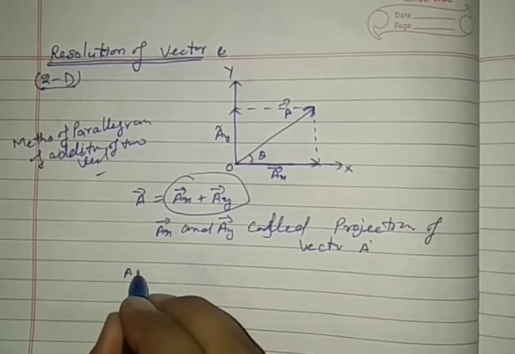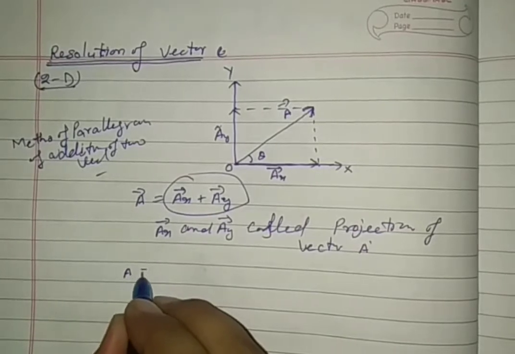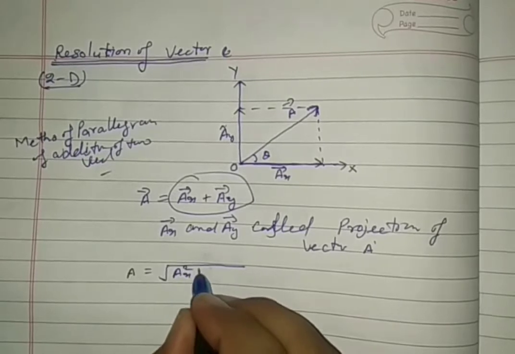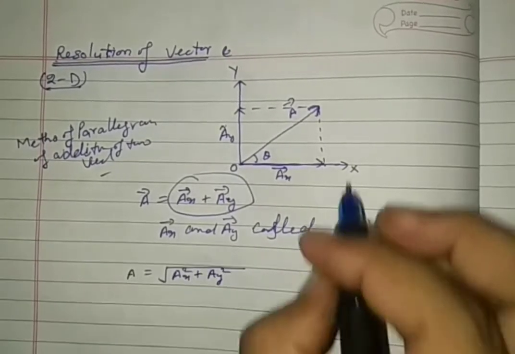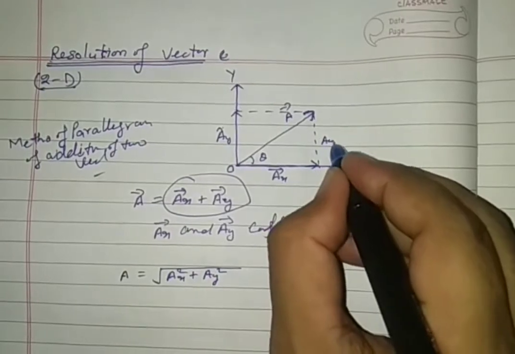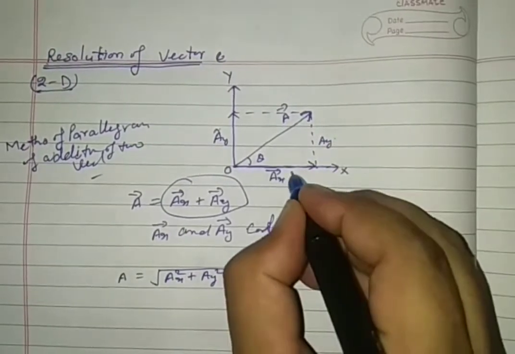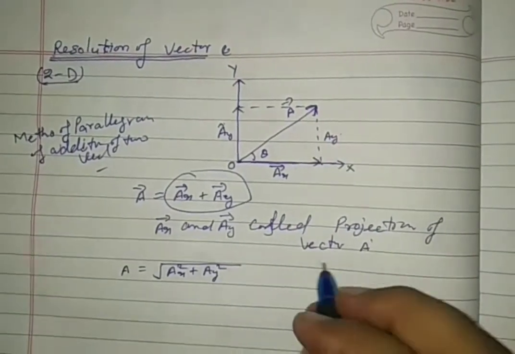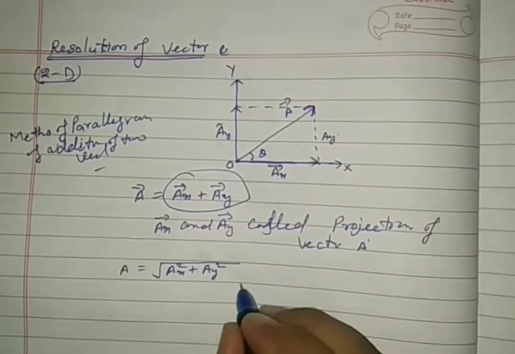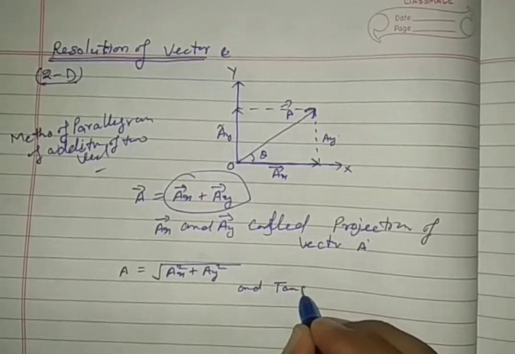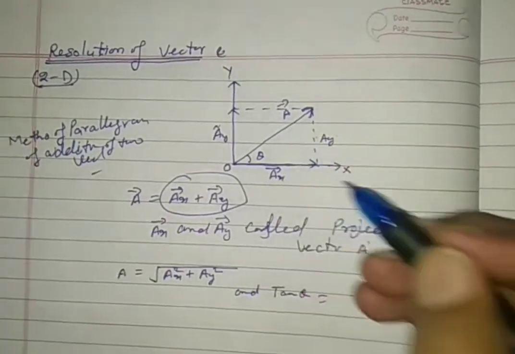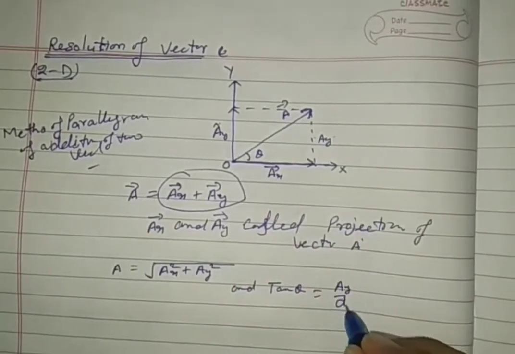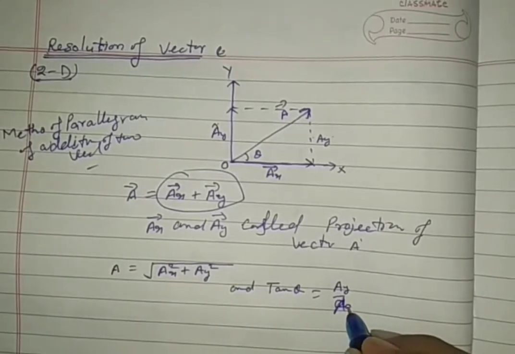A can also be obtained by Pythagoras theorem. Its magnitude is the square root of Ax square plus Ay square. See, it is Ay and it is Ax. So the resultant A can be obtained by this formula, and the direction with tan theta is equal to perpendicular by base, so it is Ay by Ax.